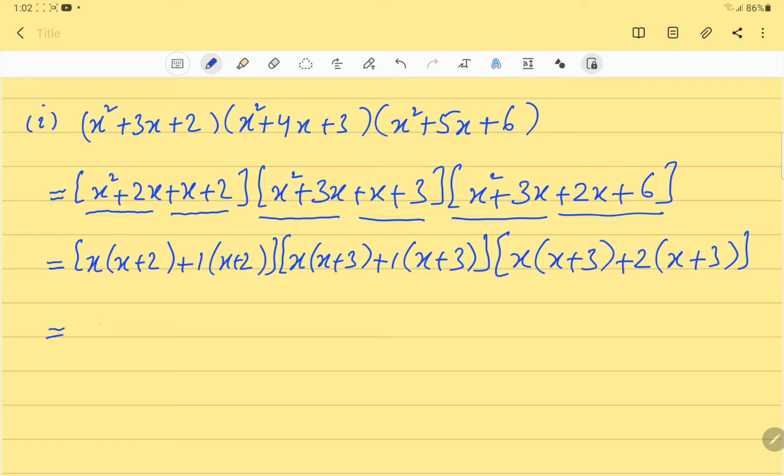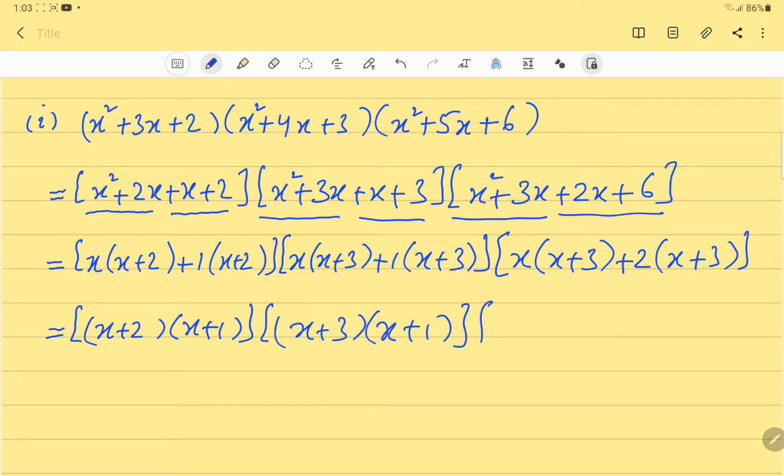Okay, now in the first bracket we have x plus 2 common, and we are left with x plus 1. In the second bracket x plus 3 is common, and we are left with x plus 1. And then in the third one x plus 3 is common, and we are left with x plus 2. Now as you can see, x plus 1 occurs twice, the same is happening for x plus 2, and the same is happening for x plus 3.